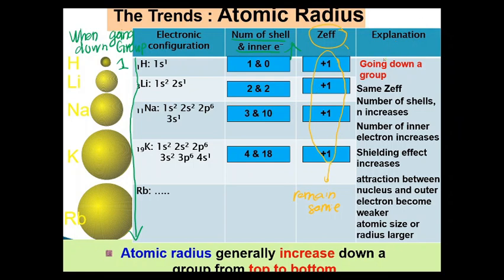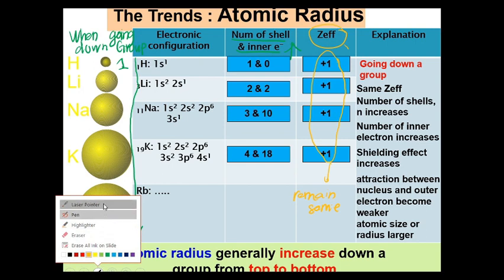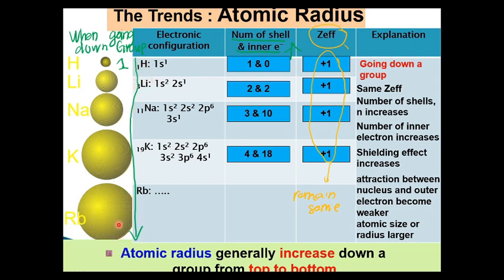I explain this is because when going down a group, even though we have the same effective nuclear charge, the number of shells, or n, will increase.